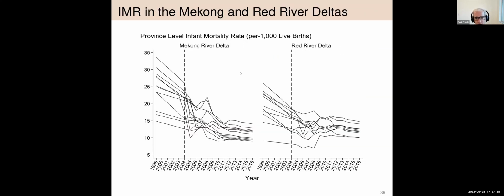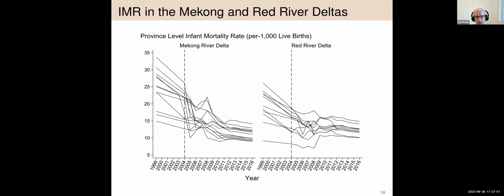So let me just show you here descriptively. This is the Mekong River Delta, what's happening to infant mortality rates around the time of the implementation. You can see how they're dropping very sharply relative to the Red River Delta in the north of the country, where we're not seeing that big of a drop at the beginning.